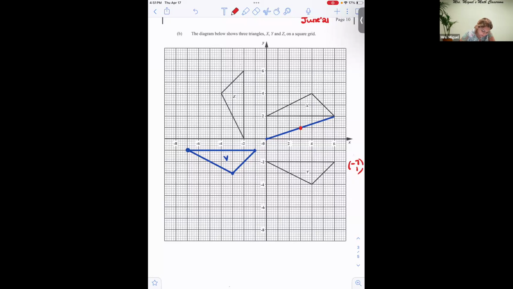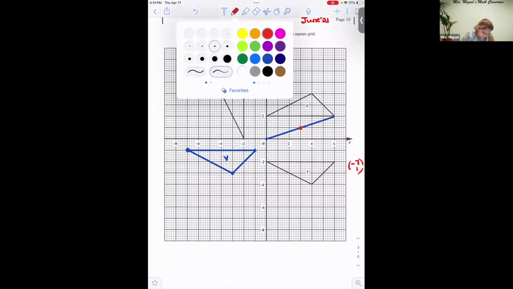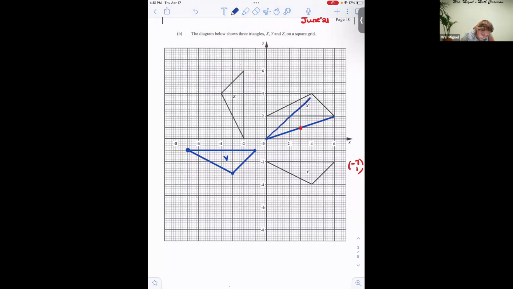All right, the next one, I could draw a line to this vertex now, and let us count. 1, 2, 3, 4. Half of 4 is 2. So this is my second point. So my triangle is coming along. Right?